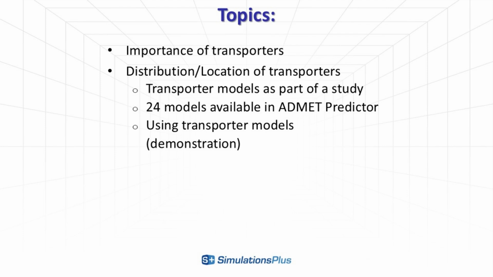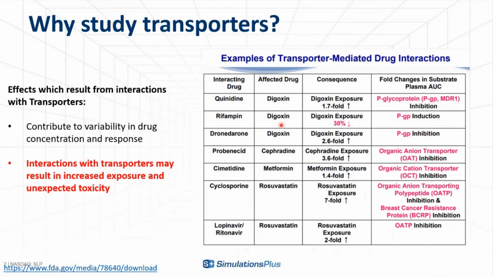So the first question is really why are we even interested in transporters in the first place? The fact of the matter is that there are many important effects that can result from the interaction with transporters. For example, certain compounds can act as inhibitors of transporters.